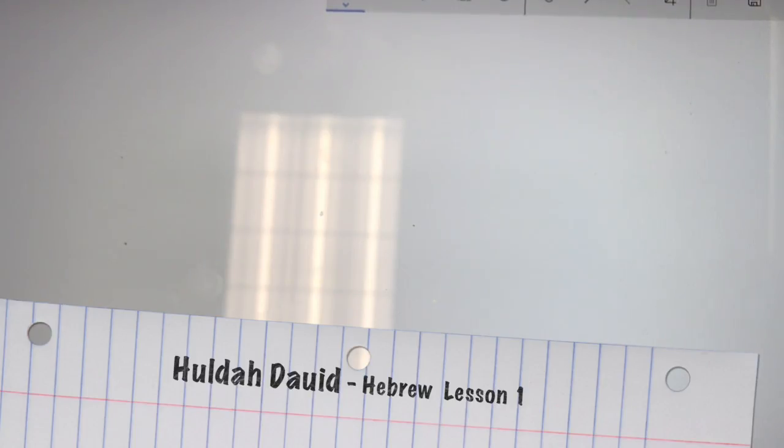Okay, so how the lessons are going to go is every lesson we're going to build upon what we learned in the previous lesson. For lesson 1, we're going to be covering both the modern script of Hebrew and the Paleo script. That's how we're going to do throughout this whole course. The goal at the end is so that you can recognize Hebrew letters and the vowel points, and so that when you pick up modern text, you will be able to read it.